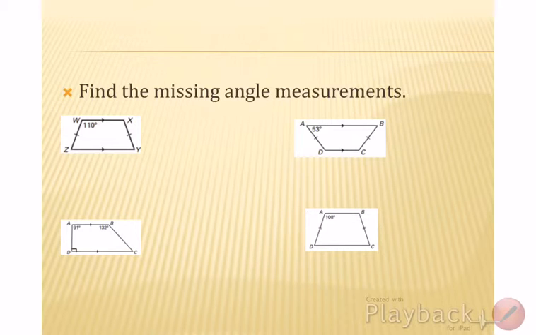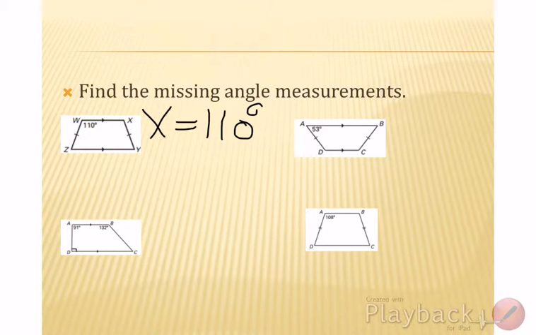First of all, because the first example is an isosceles trapezoid, the base angles will be the same, so x will be 110. And what will z and y be?